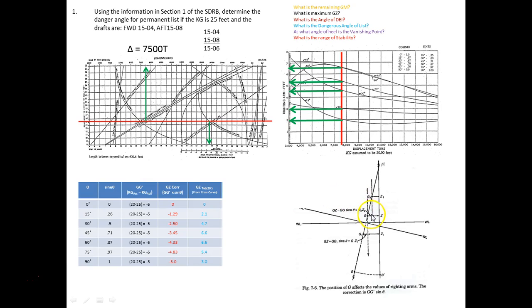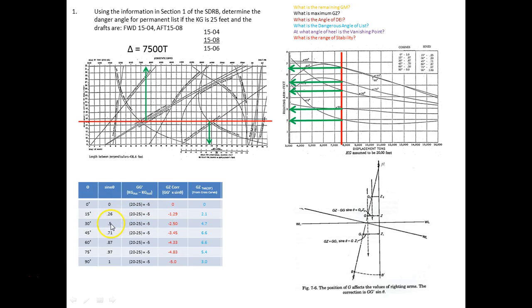You'll see that GZ is getting smaller in this case as the center of gravity goes up, and that is reflected in these values. We're going to decrease our GZ by 1.29 feet, by 2.5 feet here, simply by taking our change in the center of gravity and multiplying it by the sine of theta. So this column here came from this column times this column.